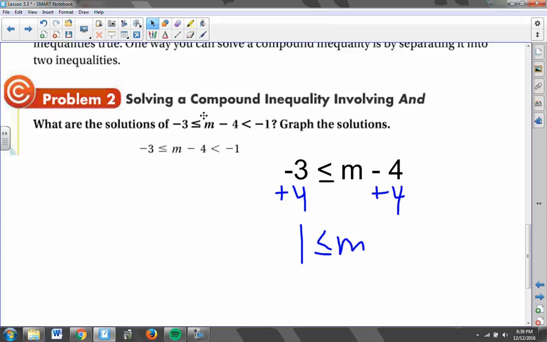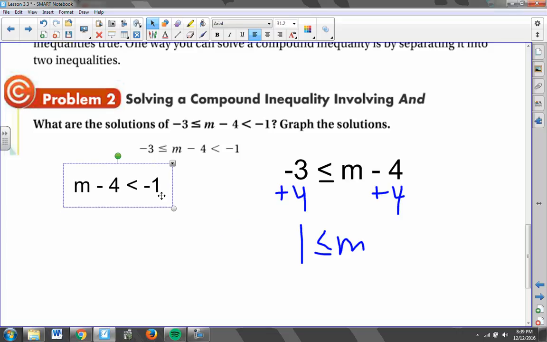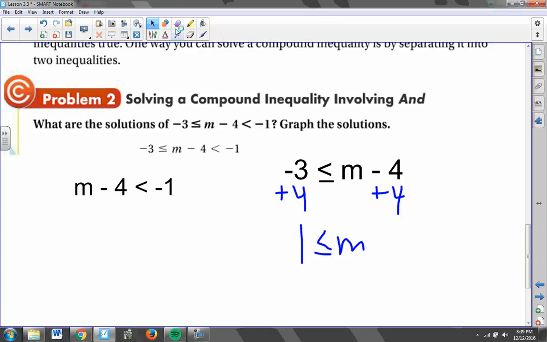I could also take the right half of this inequality. It says m minus 4 is less than 1. And now I still have to add 4 to both sides to get the m by itself.